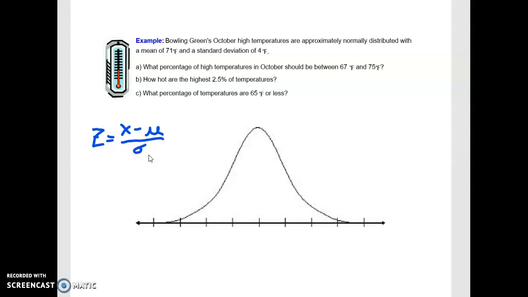Okay, so that's your formula to calculate z-scores every time.